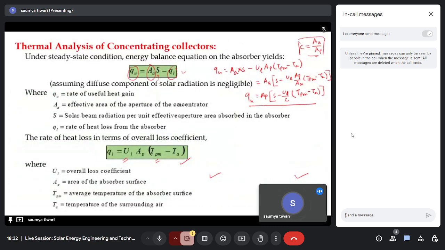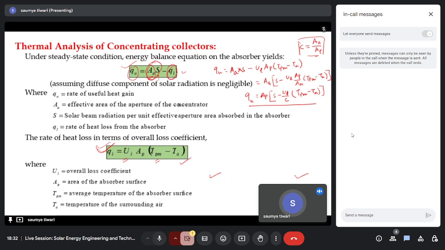What I want to mention is the thermal analysis of the concentrator system. We have seen this equation again and again. Q useful is equal to your solar beam radiation on your effective aperture area, this is your incoming solar flux on a particular area, minus your loss.